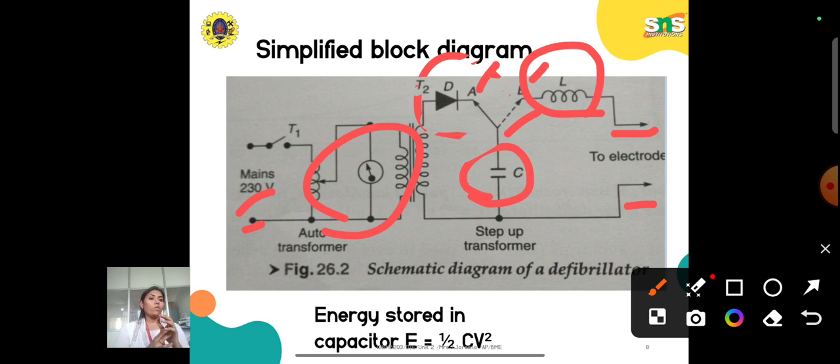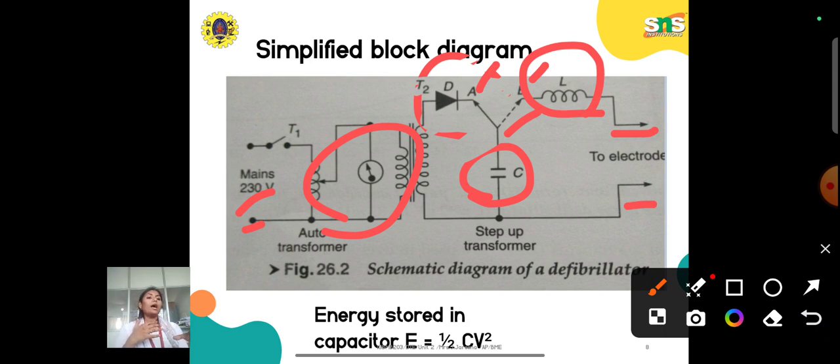And next we have the inductor. The reason to have the inductor is, first, to remove any kind of noise which is induced, and second, to give an additional timeline, to give the shock gradually instead of rapidly.